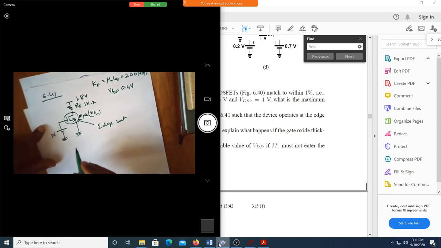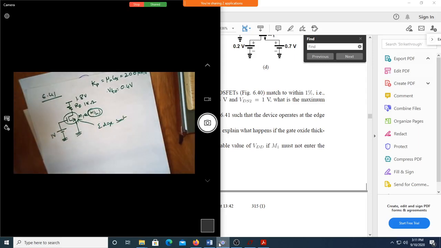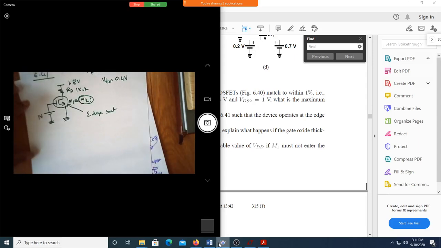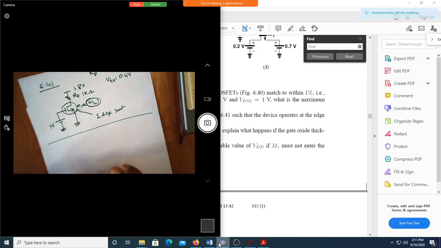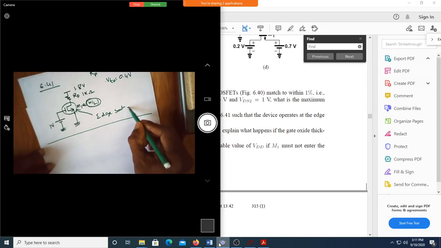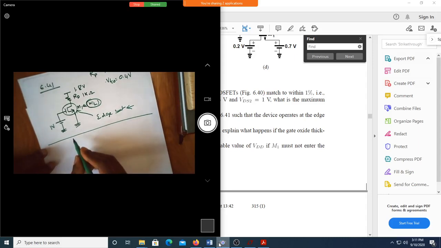Now the question asks you to find the value of W by L such that it operates at the verge of saturation. How do we proceed? To solve this problem, no other information is required other than what you have learned so far. So you can see that it is operating at the edge of saturation. One more thing that is said is lambda should be equal to 0.